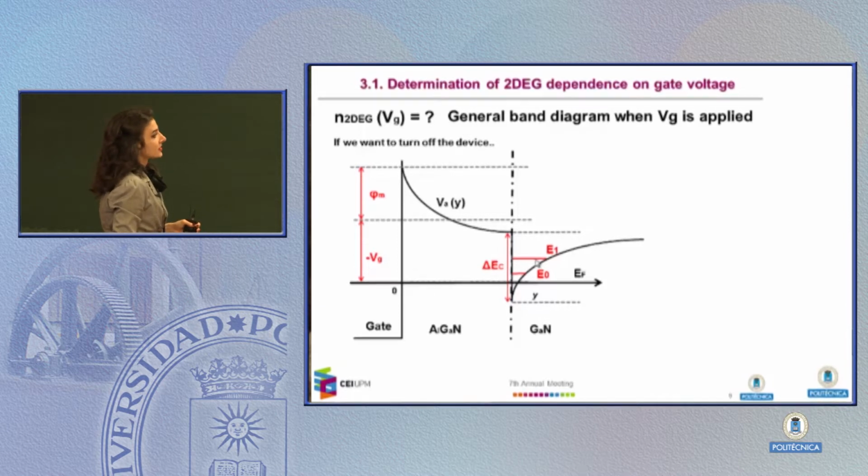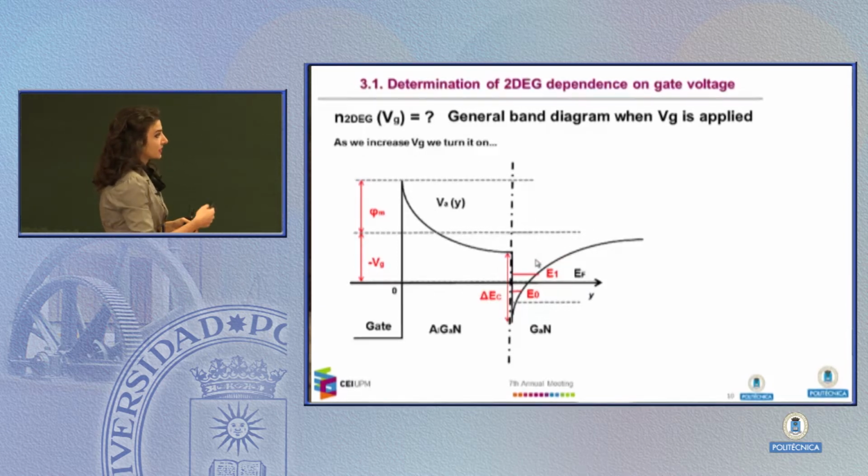If we want to turn on the device, we increase the gate voltage and shift the band diagram below, and we have electrons that contribute to the current of the 2D gas, which occupy this state here. So now, as I said, our goal is to determine how we can control this 2D gas by the applied gate voltage. In order to do that, we apply basic laws of physics.